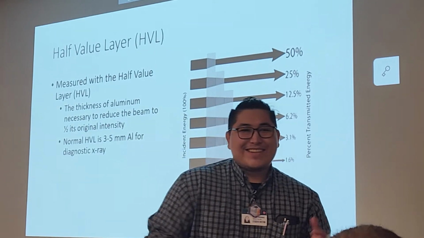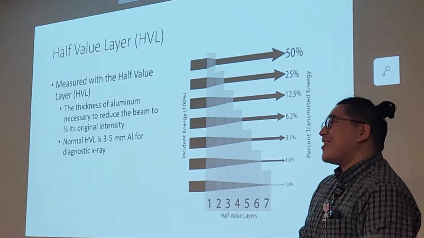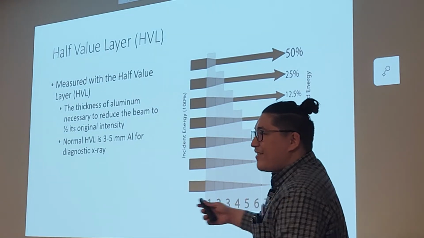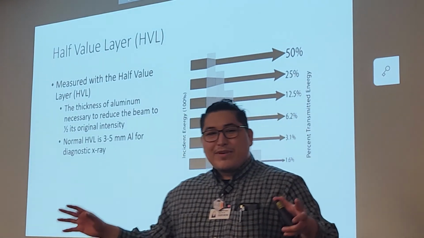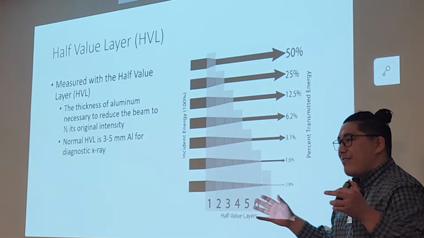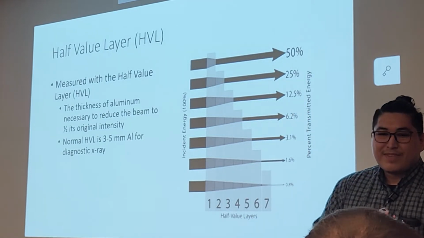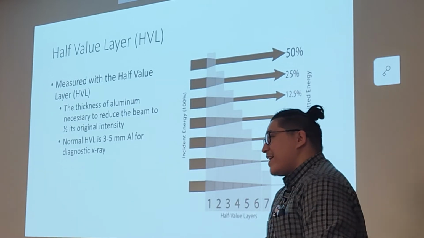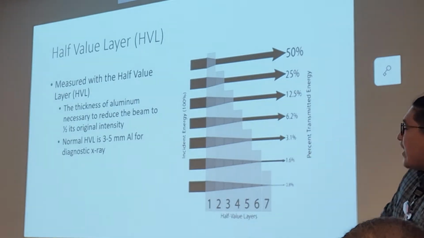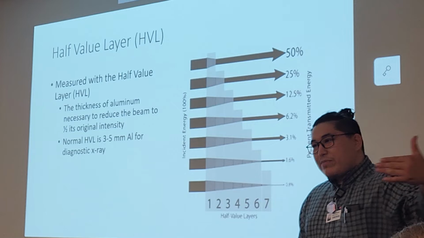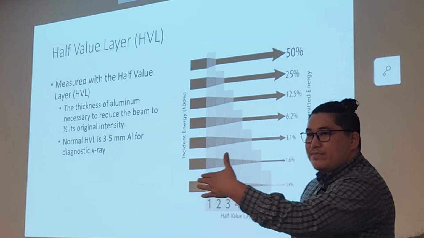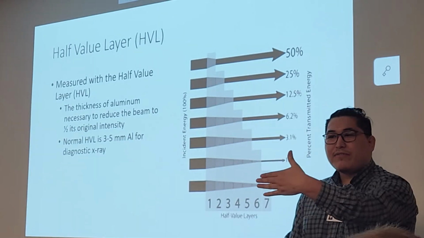Alright guys, now let's seriously get back on track here. So we left off on half value layer last time. Does anybody want to try and explain what half value layer was? Yes, so half value layer. We have our X-ray beam coming in at 100% without any filtration.